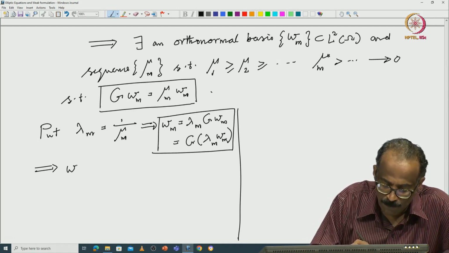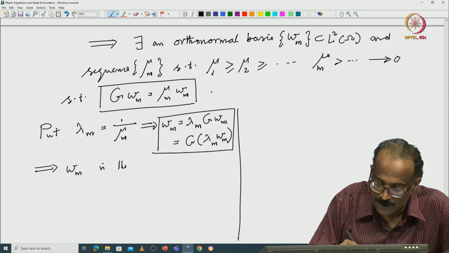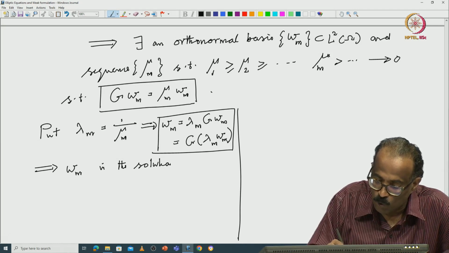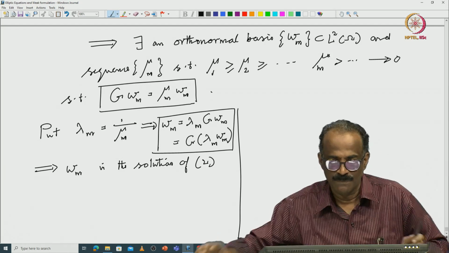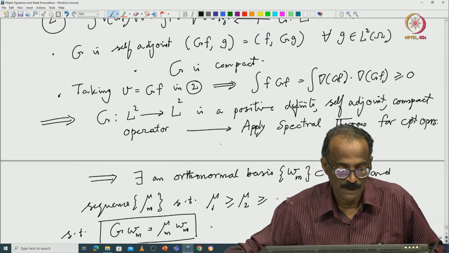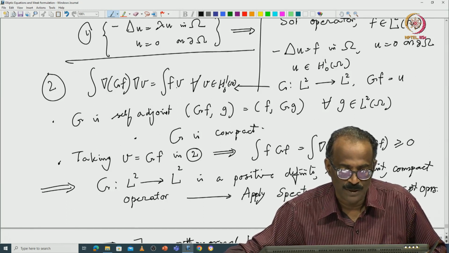So, this immediately implies from this relation that w_m is the solution of 2. You just recall that is how Gf is defined: Gf is the solution corresponding to f.